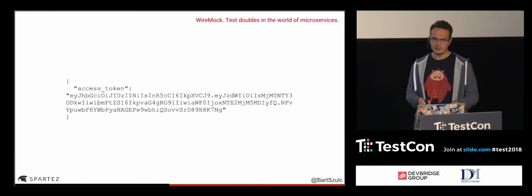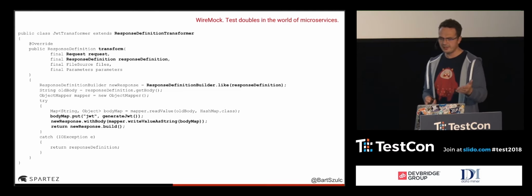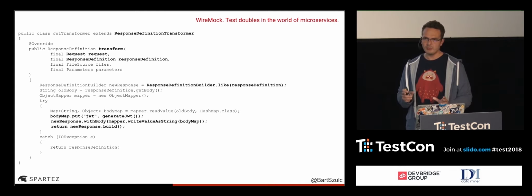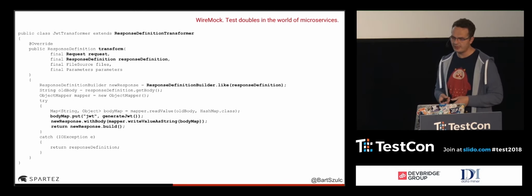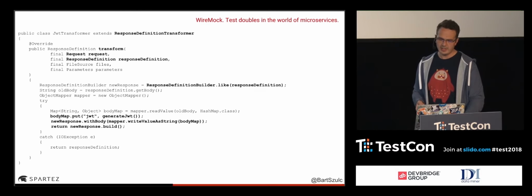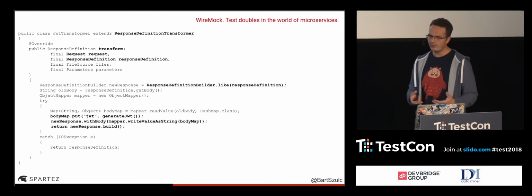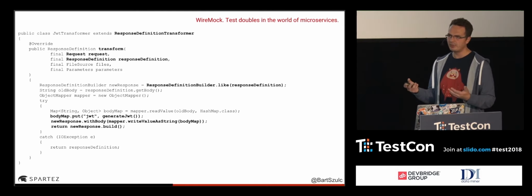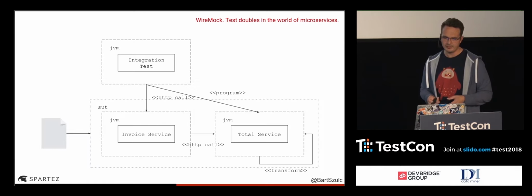So for that purpose you can use transformations, and this is an example of how you can implement a transformation. Before Wiremock sends a response to your request, you can manipulate that response a bit. You can add to that response some missing headers, some missing fields, and this is a great way to remove the code responsible for generating JWT or any access tokens from your tests and move it to Wiremock itself.